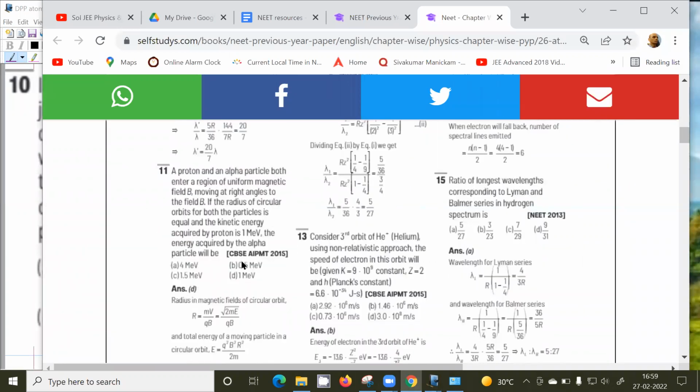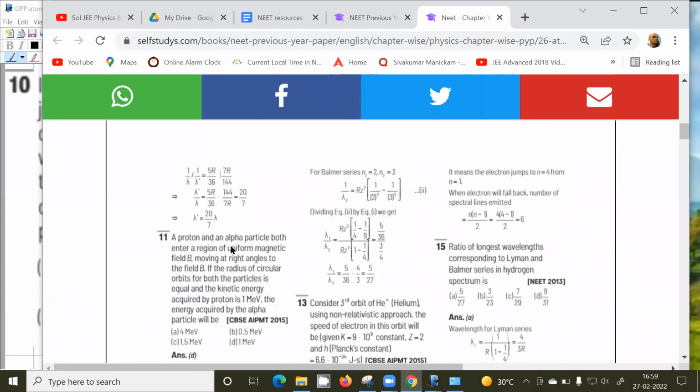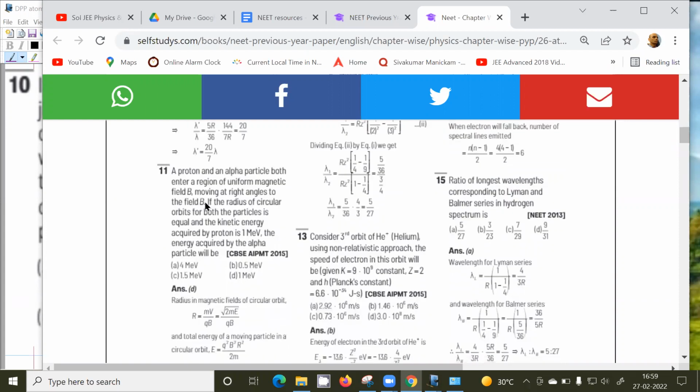This one: a proton and an alpha particle both enter a region of uniform magnetic field B at right angles. The radius of the path of both particles is equal.